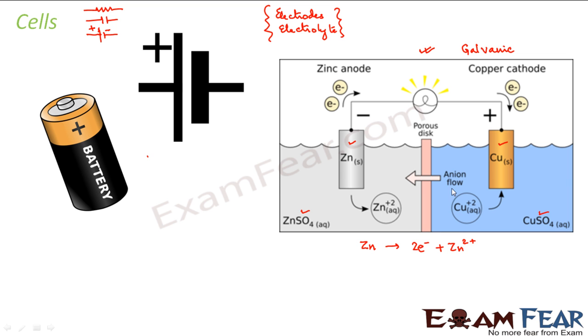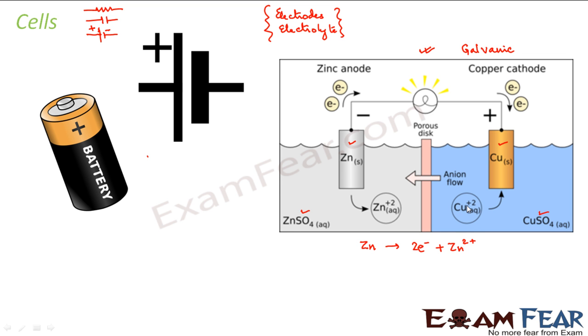On the other hand, the copper ion which is present in this solution always has a tendency to gain two electrons and become copper and stick to this electrode. So both of their wishes are quite different.